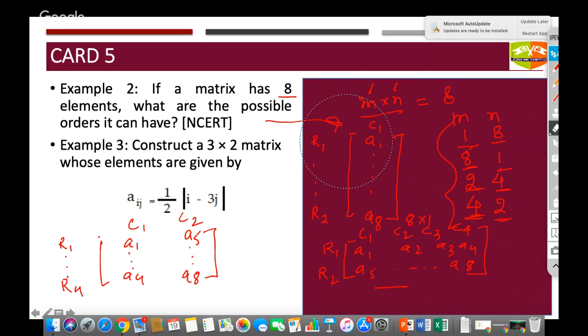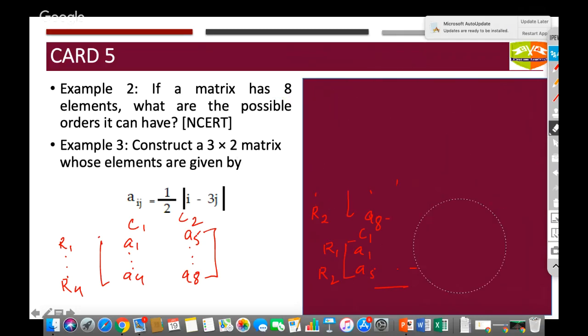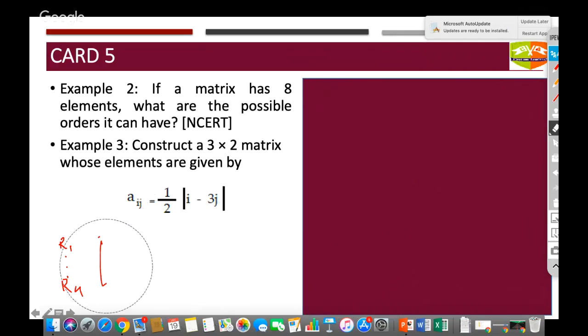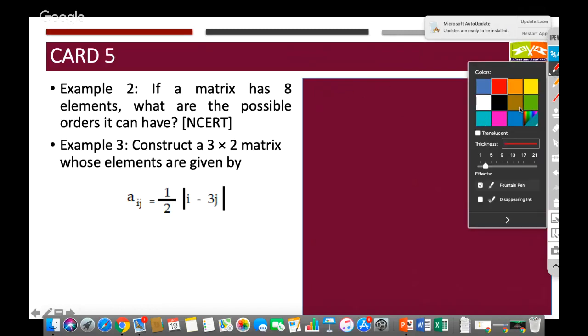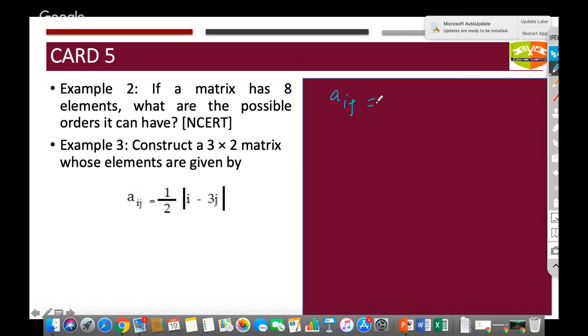Now let me go to the third question, and the third question is primarily based on application of what we have studied till now. It tells me that we have to construct a 3 into 2 matrix whose elements are like this. So what I'm doing over here is writing aij is equal to 1 by 2 modulus of I minus 3j.